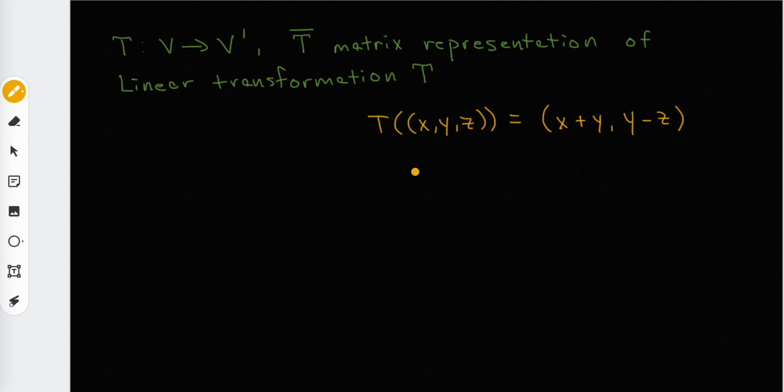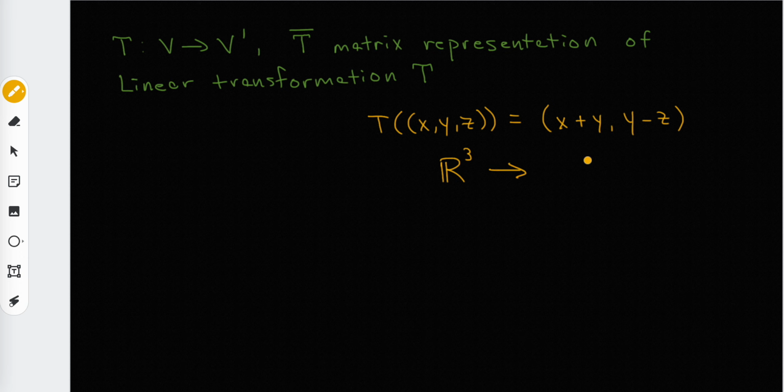So here I have this linear transformation that's defined by T of x, y, z equals x plus y and y minus z. For this transformation, I'm taking a vector that has three different components, so it's in the vector space R3.